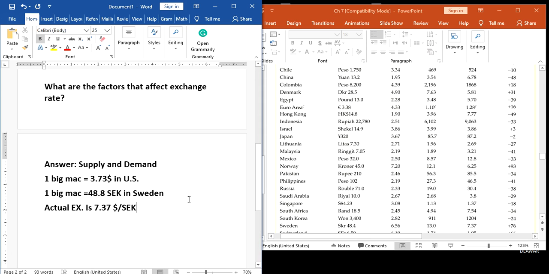So given this exchange rate, let's see how much one Big Mac costs. 48.8 divided by the exchange rate 7.37, which equals $13.